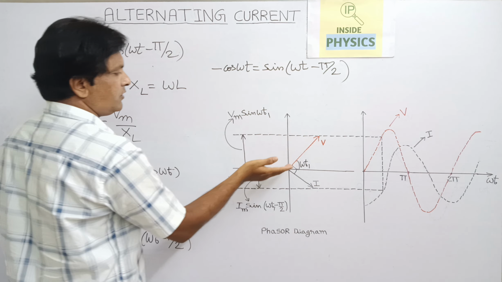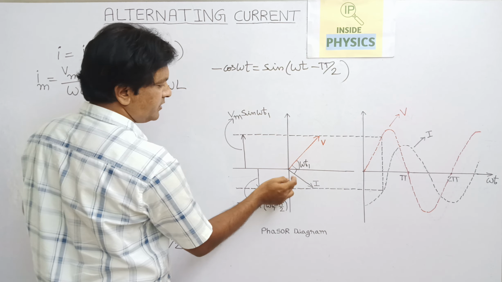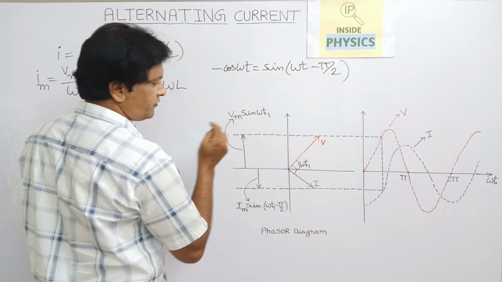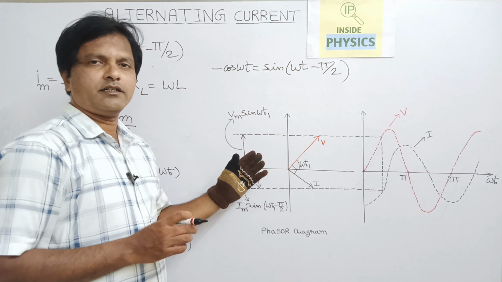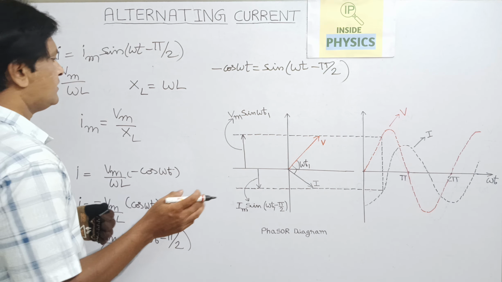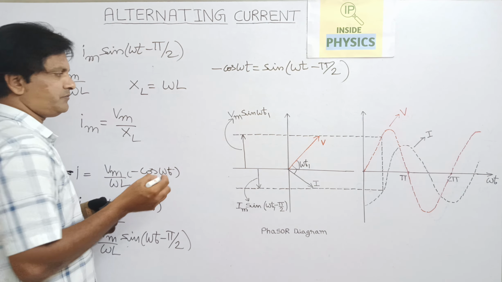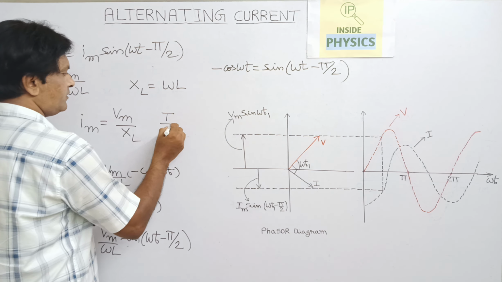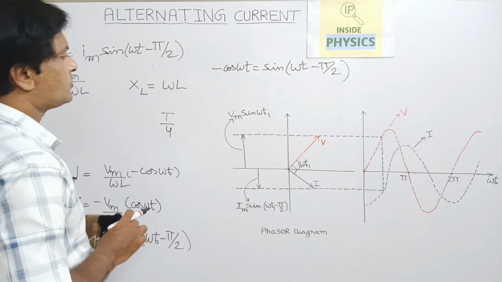So you can observe that current is lagging behind the voltage by a phase of pi by 2. In terms of a cycle, it is behind the voltage by a cycle of T/4, so that means a quarter cycle.